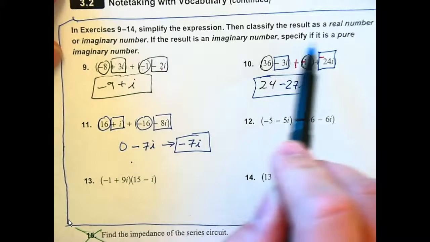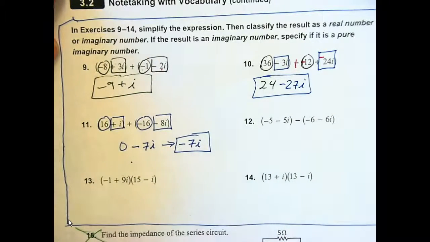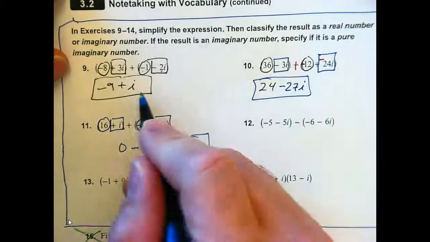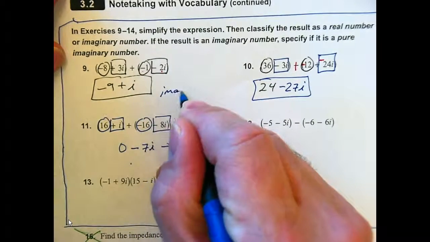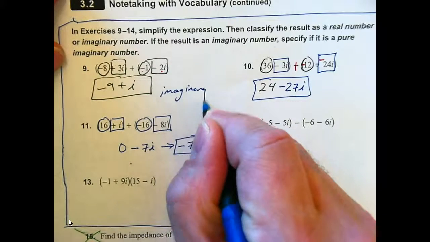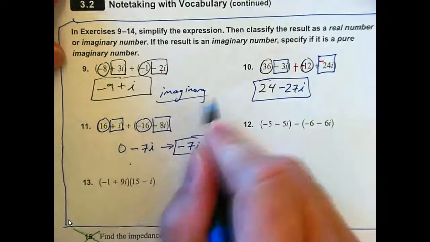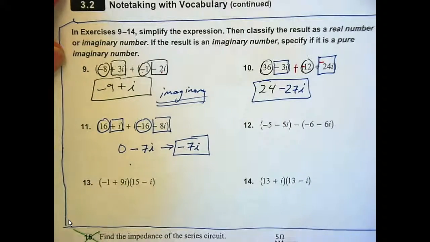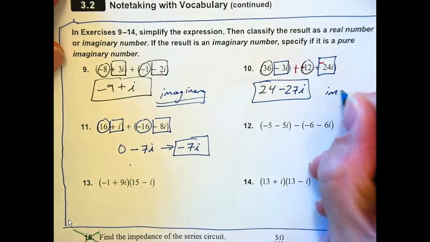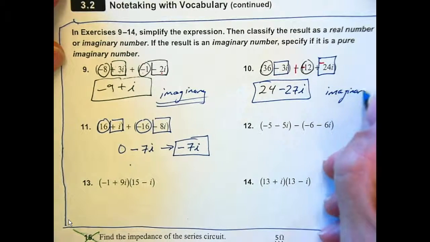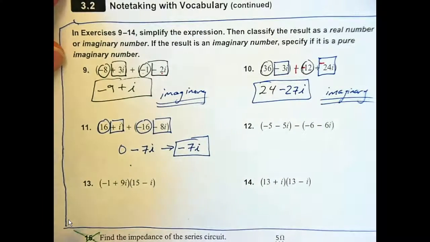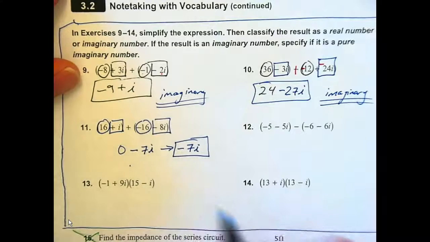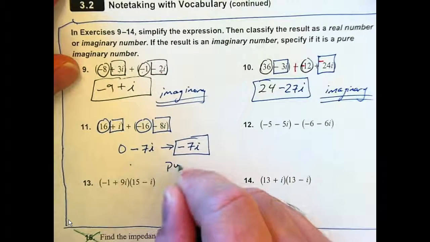And if it's imaginary, specify if it's a pure imaginary. This is what type of number? Imaginary. Why is this imaginary? Because it has an imaginary piece. All it needs is one imaginary piece, and that makes it imaginary. Therefore, number 10 is imaginary as well. Now, if it's lacking the real piece and it's just imaginary, that makes it a pure imaginary.